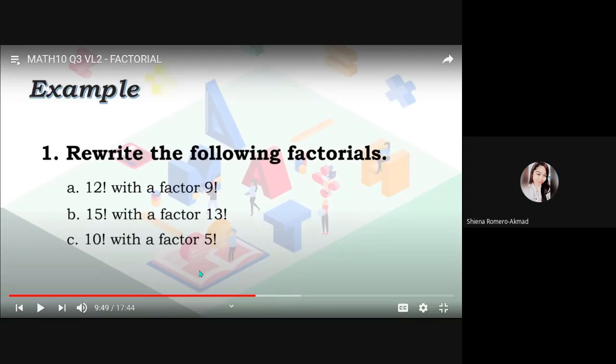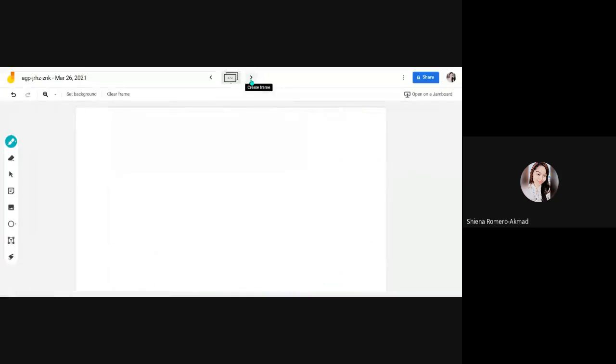So, how can we rewrite that? So we have 12 factorial with a factor 9 factorial.